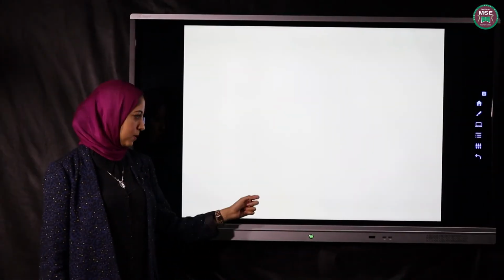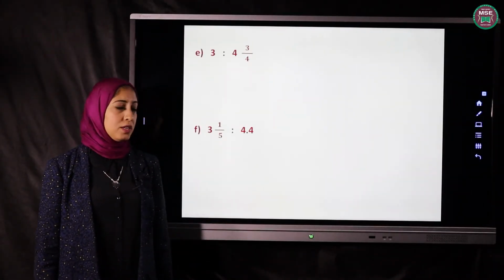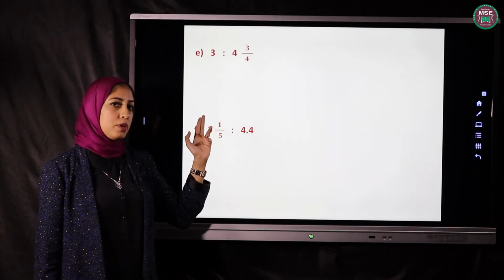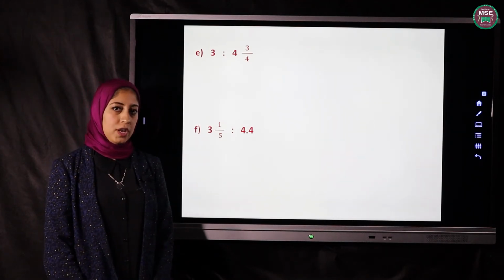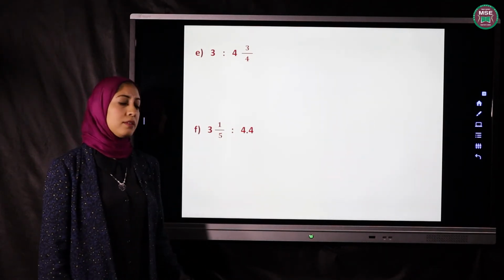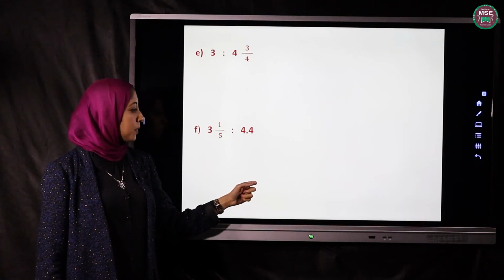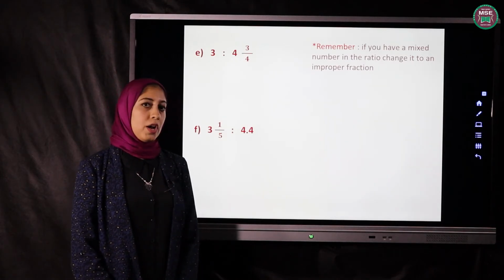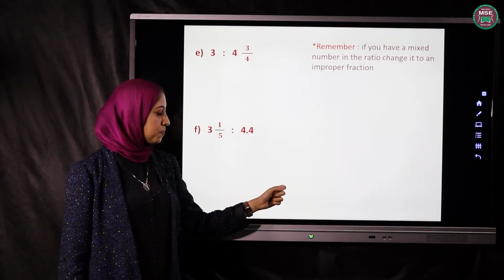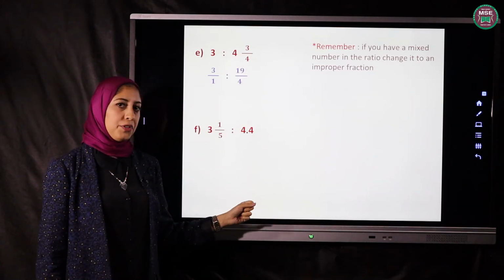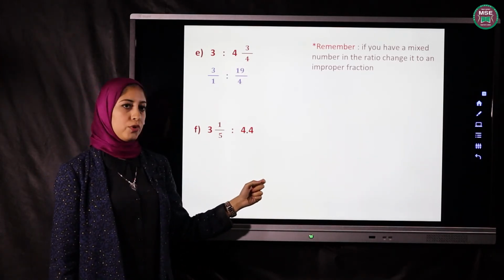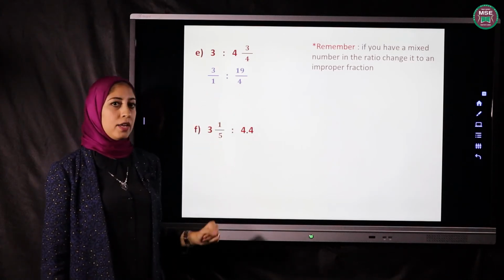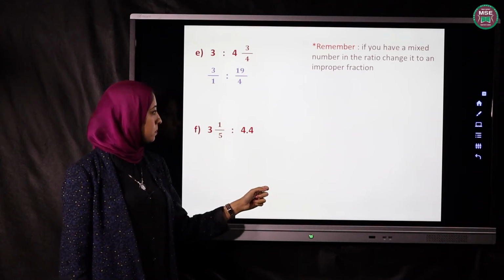Let's see another example. I have 3 to 2 and 3 over 4. As I told you before, I have a whole number. In the ratio, I have to change it to a fraction. How can I change it to a fraction? By making it over 1. Look also at this note. If I have a mixed number in the ratio, I have to change it to an improper fraction. So my new numbers will be 3 over 1 to 19 over 4. Now, as I told you before, I have the denominators 1 and 4. What shall I do now?